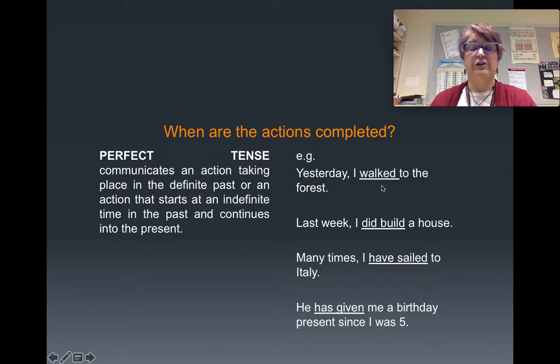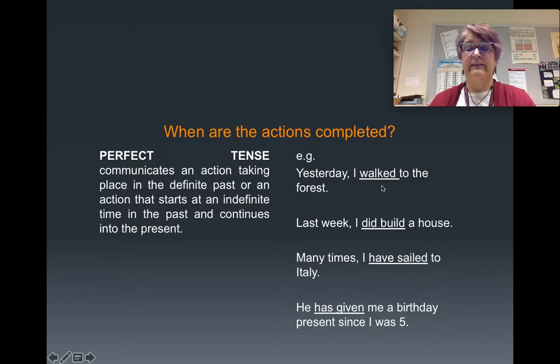In English, the perfect tense also has this idea of an action that began in the past and continues into the present. The perfect tense in Latin is used to express the definite time in the past as well as this indefinite time in the past. In English, however, the two forms of the verb will look a little bit different.